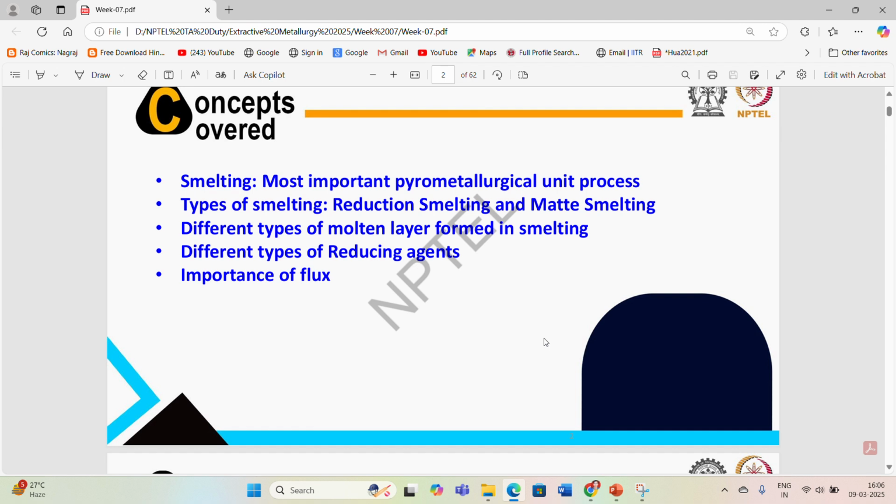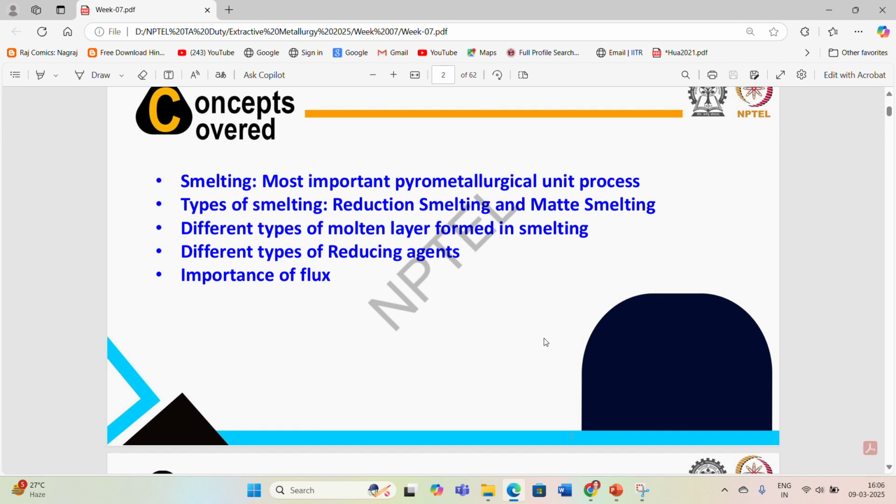You are not creating any slag during the process, so it is known as the melting process. However, if you are going for slag formation during the melting process for the removal of the impurities present inside that particular scrap material or particular concentrated ore, that process is known as the smelting process.